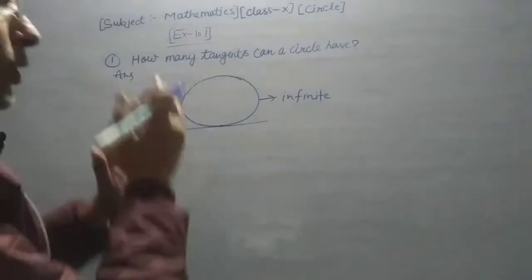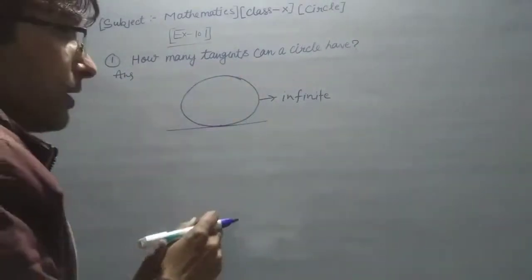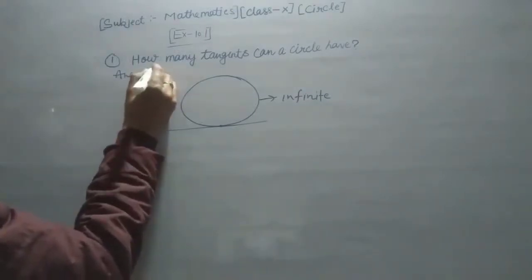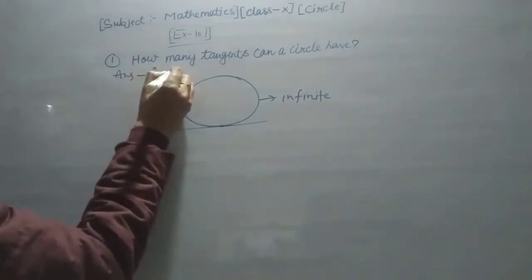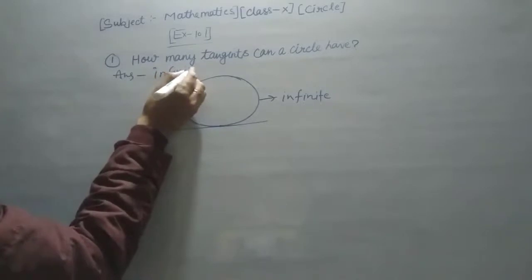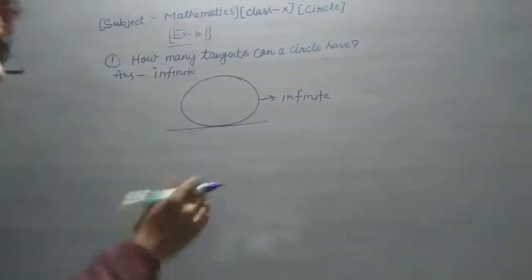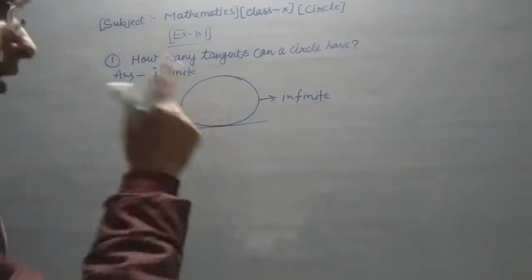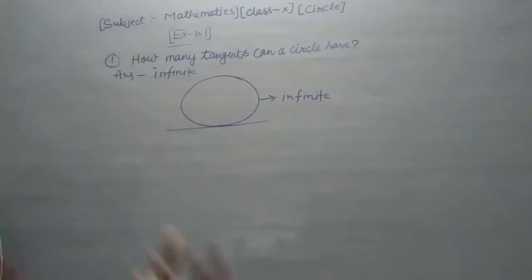On the circle you have to draw infinite tangents on the infinite points. So the answer to that question is infinite, because you have an infinite number of points on the circle and at one point you can draw only one tangent, so infinite points have infinite tangents.